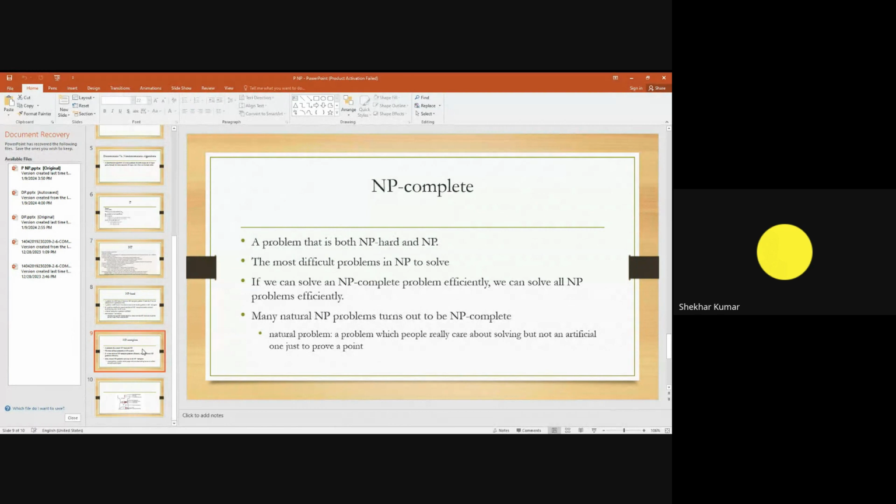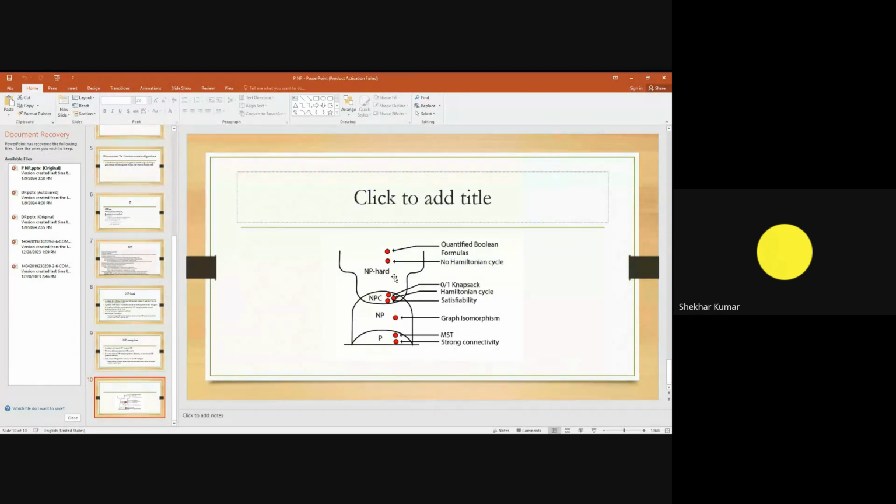If a problem is in both NP hard and NP, the intersection, then it is called your NP complete problem.